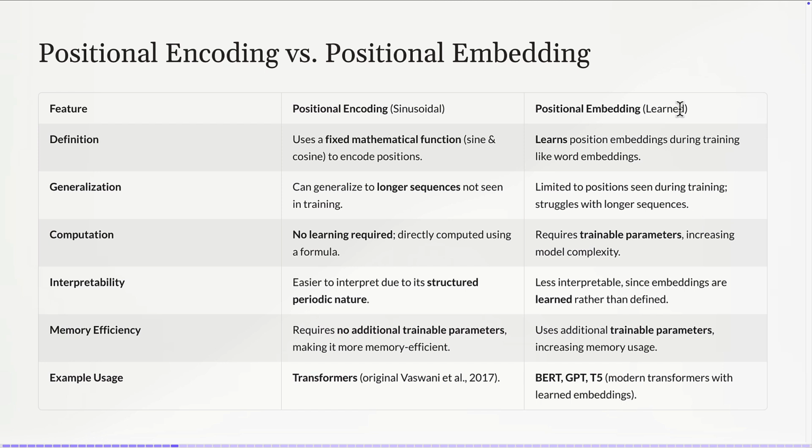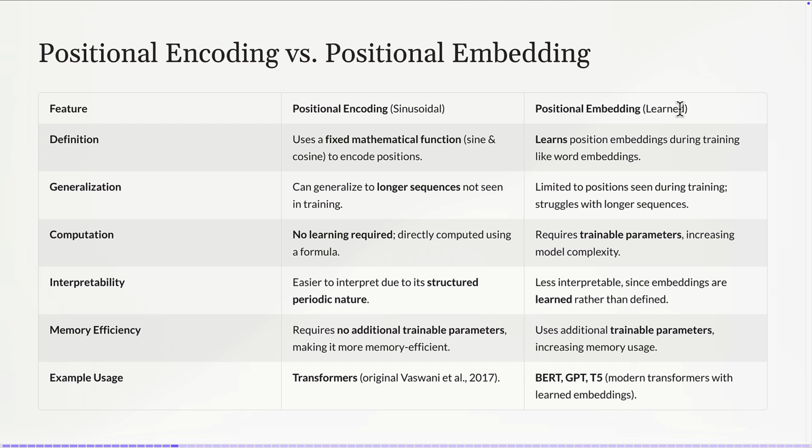For the computation, there is no learning required, so it has less computation overhead. However, this one is going to add trainable parameters, so the computation will be more intensive and will increase the model complexity. For interpretability, it's easier to interpret due to its structured periodic nature, and this one is completely non-predictable because it's learnable. It's going to depend on many hyperparameters, on the corpus, on the size of the model, so it's less interpretable.